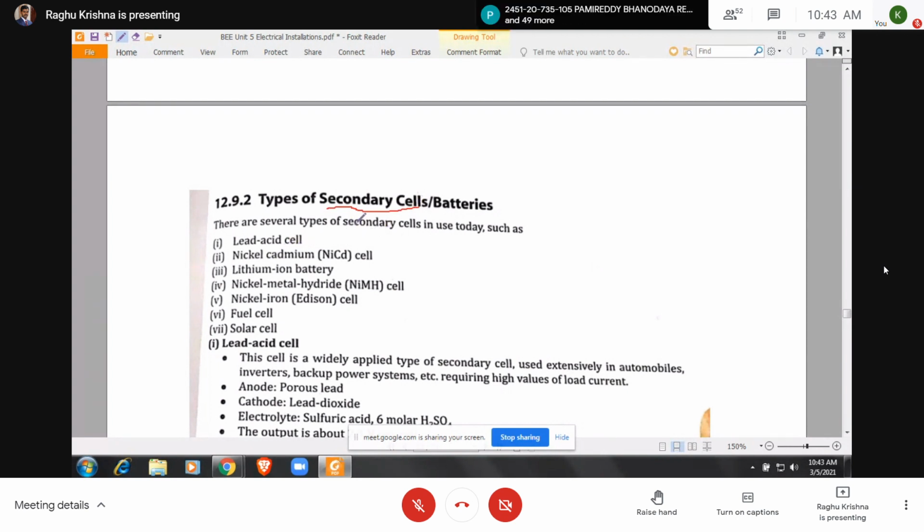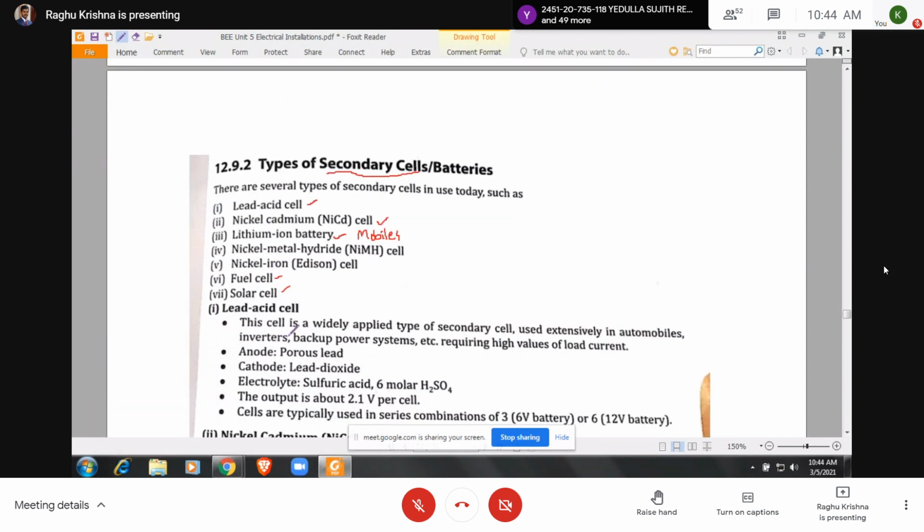The various types of secondary cells in use today are the lead acid cell, nickel cadmium cell, lithium ion battery, which we use in mobile phones, nickel metal hydride cell, nickel iron cell, also called the Edison cell, fuel cell, and solar cell.